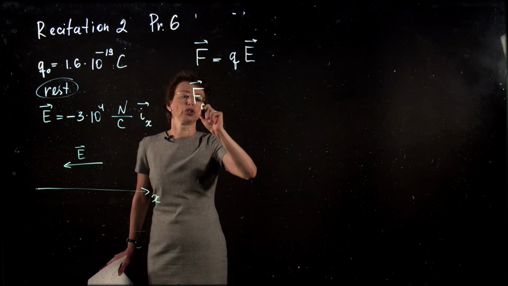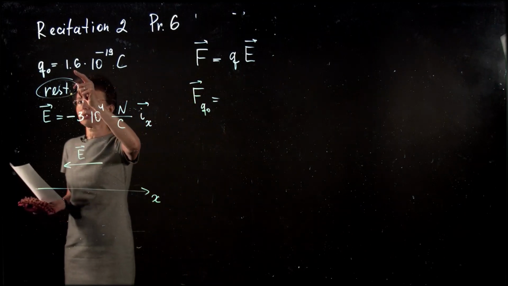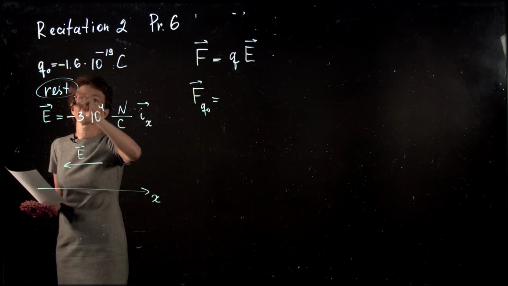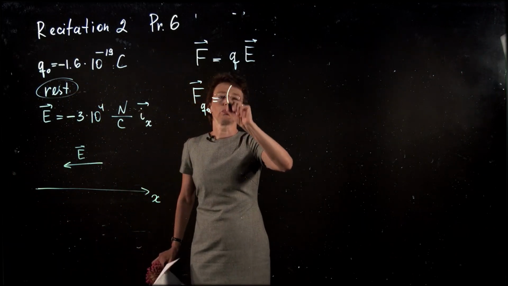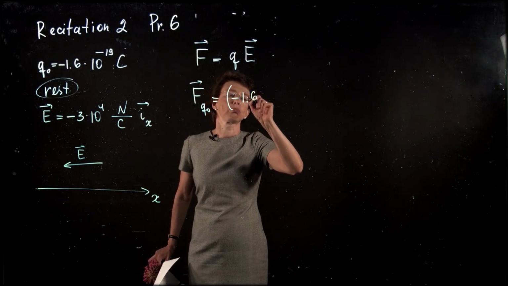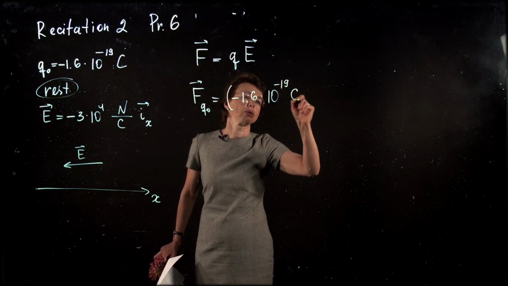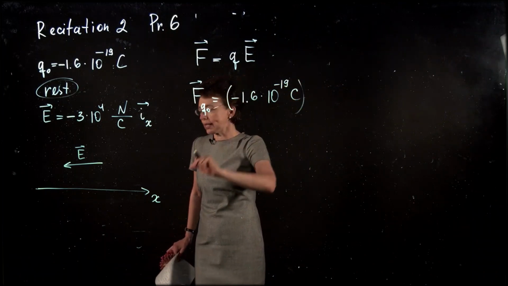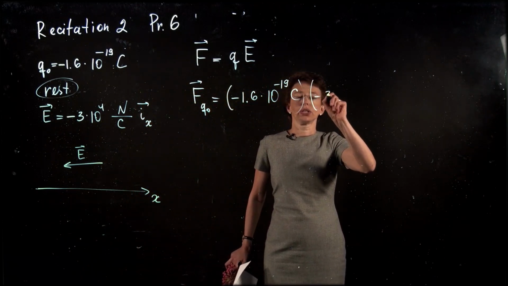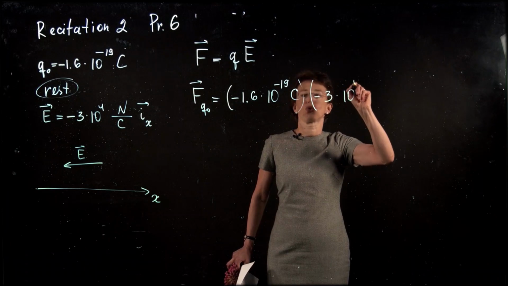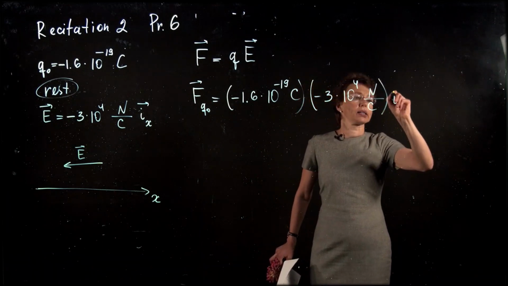Force exerted on Q naught is Q, which is, I forgot to put minus here. Electron has negative charge. So I have Q naught, which is minus 1.6 times 10 to the minus 19th coulombs. This is Q, times the electric field, which is minus 3 times 10 to the 4th newtons per coulomb Ix.